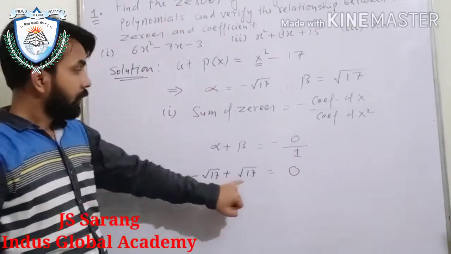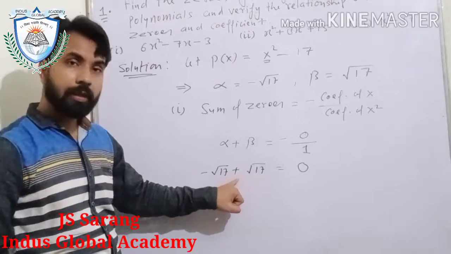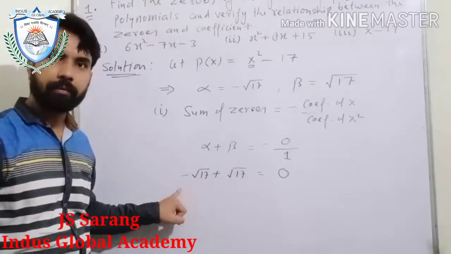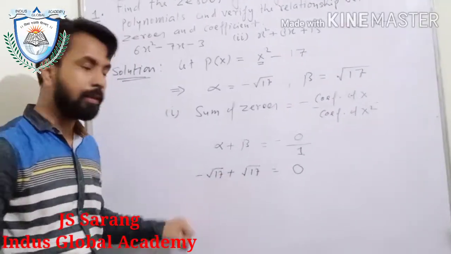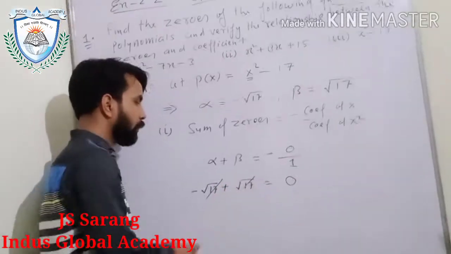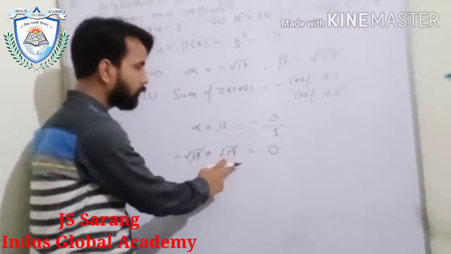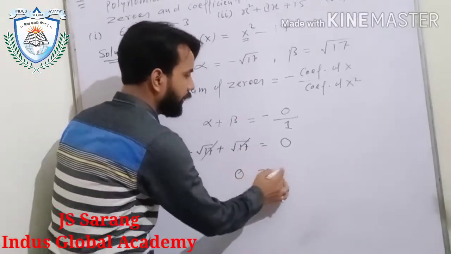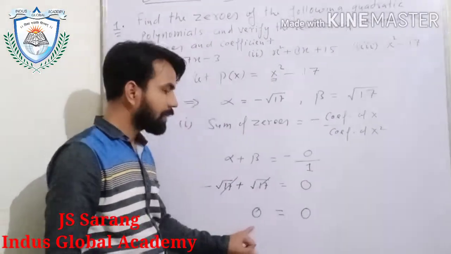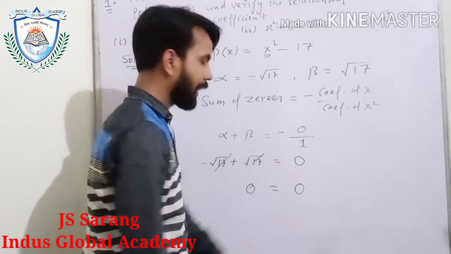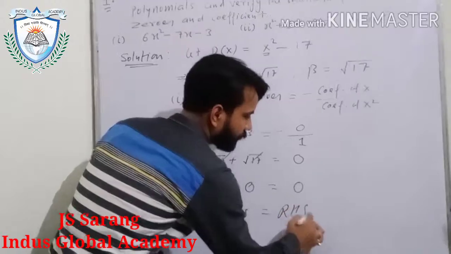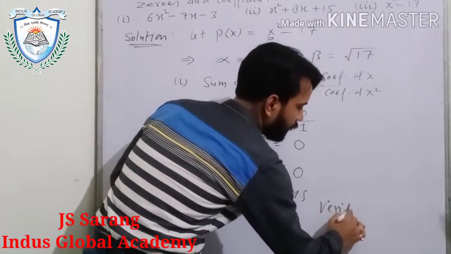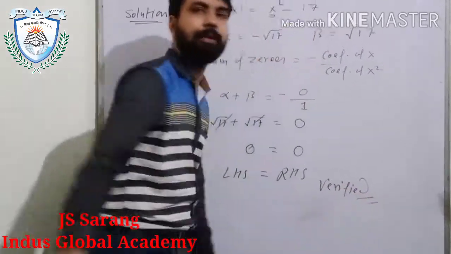Now see, this root 17 is positive and this root 17 is negative. Both are equal but with opposite sign, so they cancel. Negative root 17 and positive root 17 give you 0. LHS is equal to RHS, so the very first relation is verified.